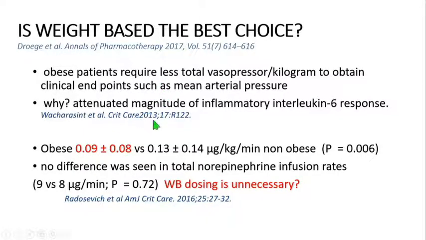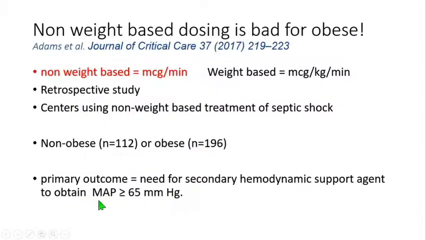Probably it has to do with the fact that they have an attenuated system involving interleukin-6 response. If you look at studies that have focused on weight-based dosage, they show that the obese need less norepinephrine, but when the dosage is expressed as microgram per minute, there's no difference. So maybe these publications indicate that weight-based dosing is probably not necessary.